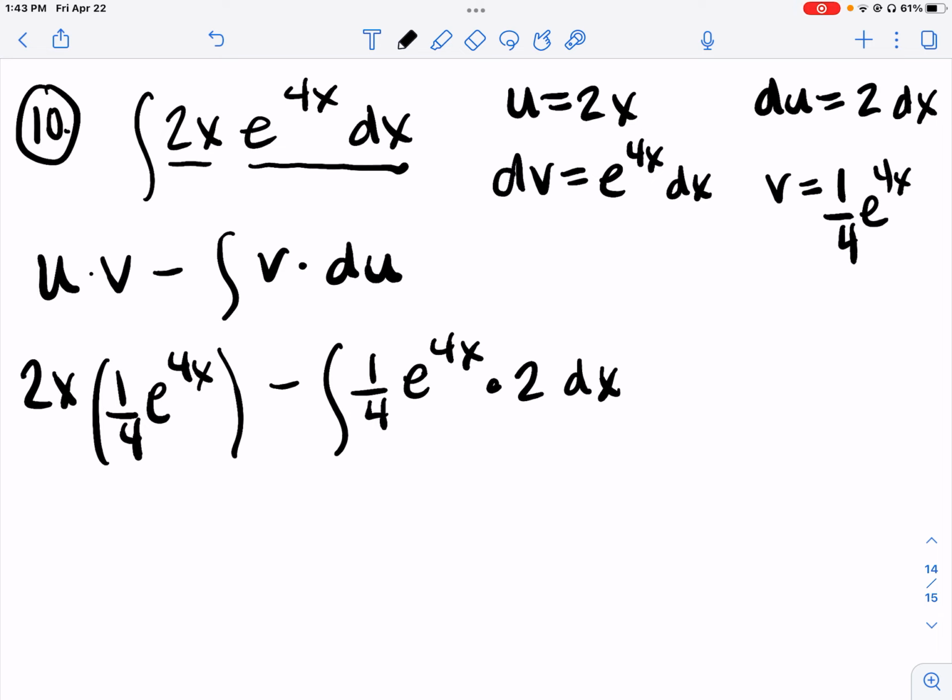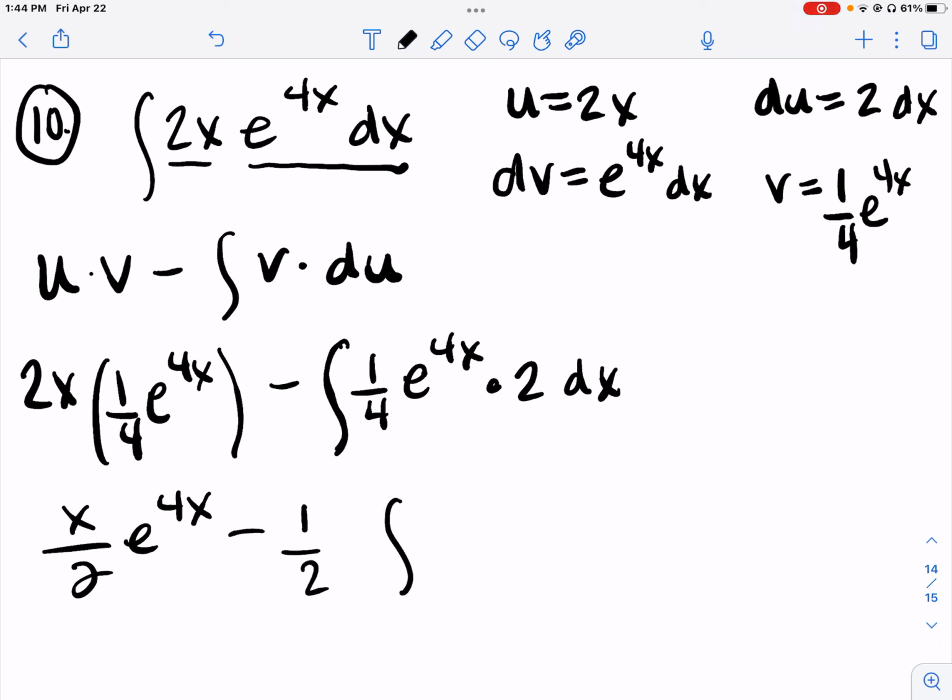Okay, I'm going to clean this up before I integrate. 2x times 1/4, that would be x over 2. Okay, inside this integral, 1/4 times 2 is 1/2. So I'm going to bring that out.